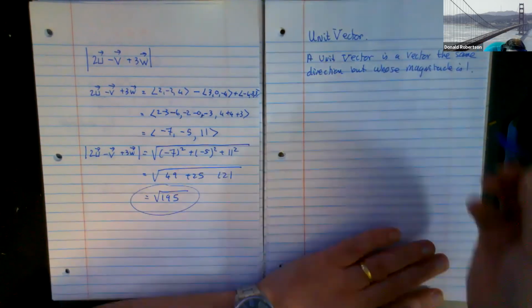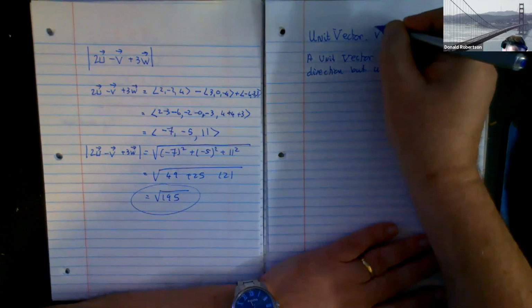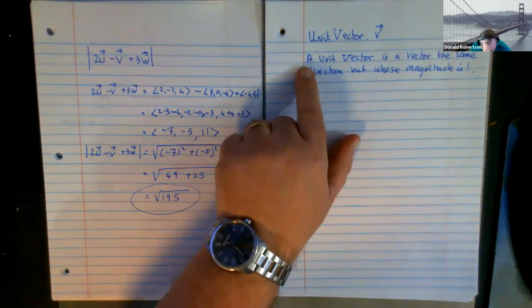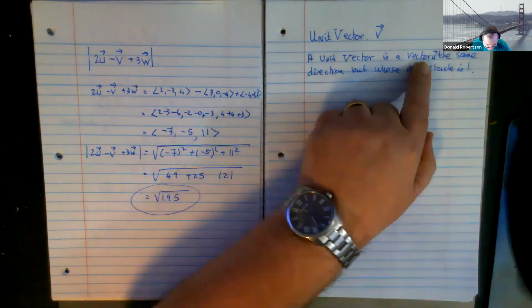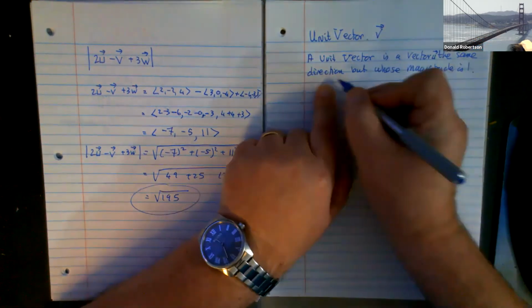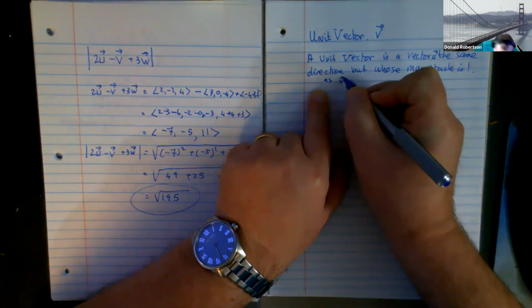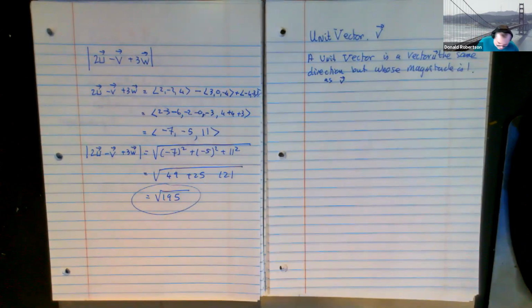So if you want a unit vector of some vector v, then a unit vector is a vector, we'll call it u, that's the same direction as v, but whose magnitude is 1.